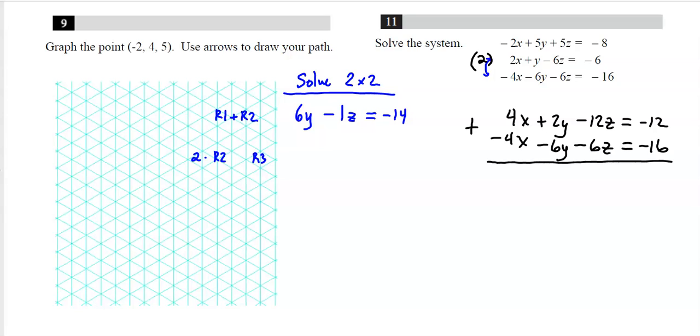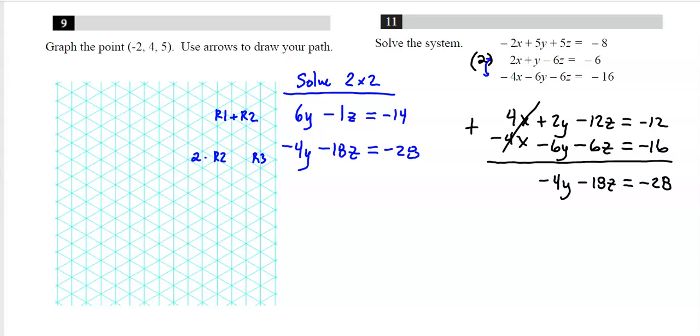Well, now when I add them up, I get to eliminate x again. So I have negative 4y, negative 18z, negative 28. So that becomes my second equation over here in this 2 by 2 system.